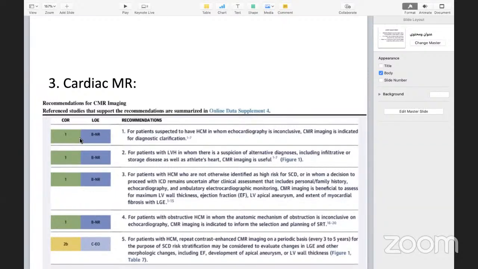So usually we don't do it unless we suspect something. Level of evidence 2B: for patients with hypertrophic cardiomyopathy, you repeat the contrast-enhanced cardiac MRI on a periodic basis of 3 to 5 years for the purpose of sudden cardiac risk stratification, to evaluate the morphologic changes, the ejection fraction, the apical aneurysm, the LV wall thickness, and so on.